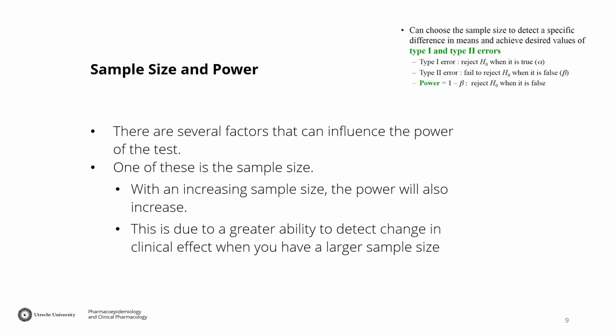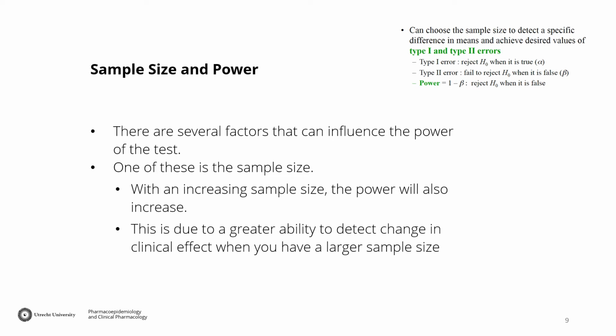With an increasing sample size, the power will typically also increase, due to the greater ability to detect changes in the clinical effect when you have a larger sample size, because you are doing the measurements in more people. And typically that can also make the confidence interval smaller, because you have more people that you're testing on, and hopefully the measurements are similar to each other.